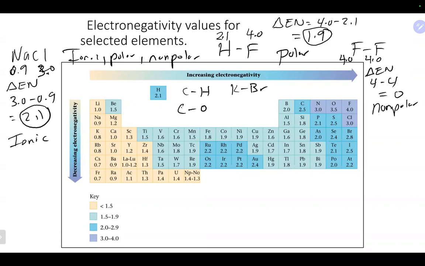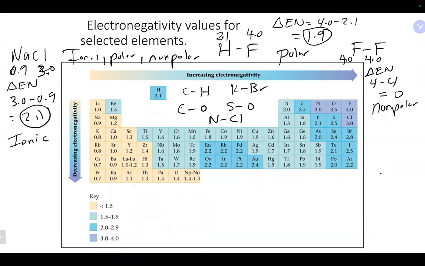Let's do sulfur and oxygen. And let us do nitrogen and chlorine. For each of these bonds, basically use the electronegativity values and determine, is it ionic, is it polar, or is it a non-polar bond? So okay, let's take a look, see how you're doing.